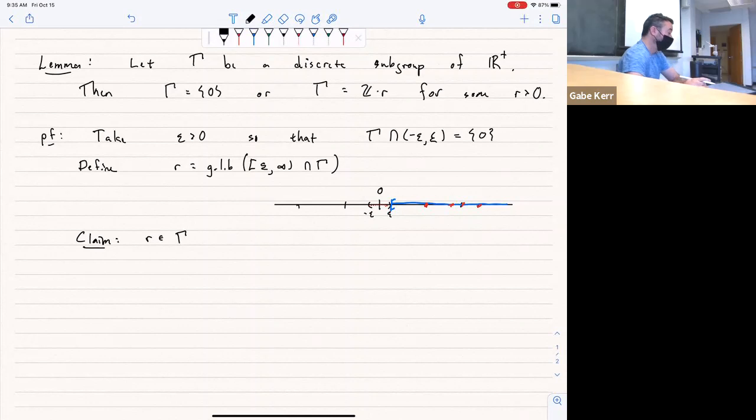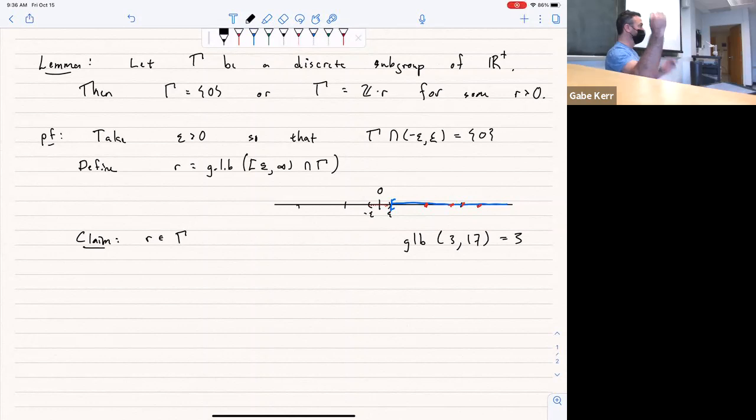Nope. If, for example, I take the greatest lower bound of the open interval 3 to 17, this is equal to 3. It's the largest bound that's below all of those things. But 3 is not in the open interval 3 to 17. So greatest lower bounds don't have to be in the sets that they bound.